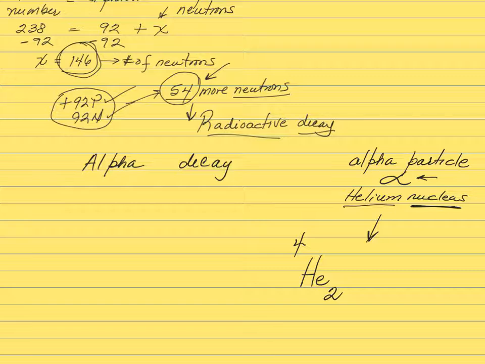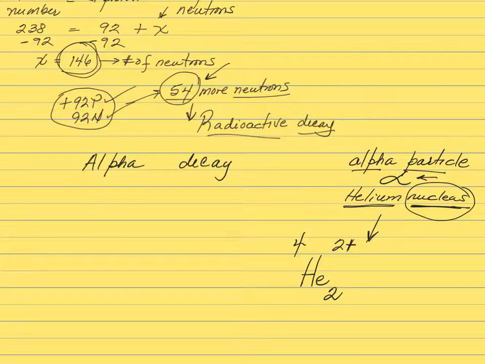Do I have the electron if I have only the nucleus? No. That's why the charge of this alpha particle is 2 positive. It's not neutral because it doesn't have the electrons, because an alpha particle is a helium nucleus. Protons and neutrons, no electrons. Questions until now?